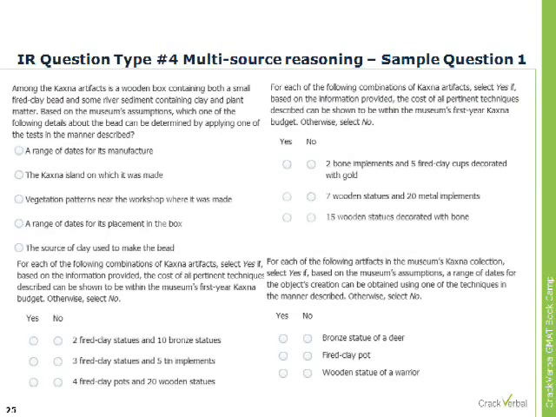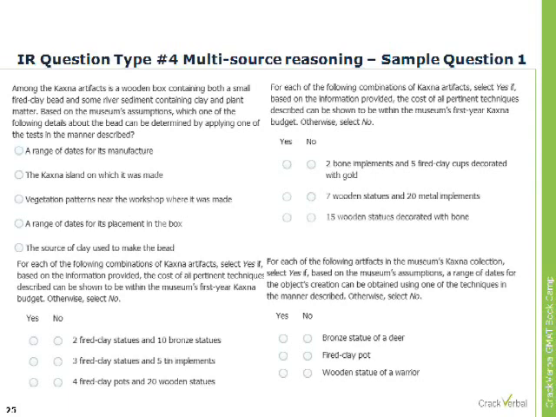There is no clear relationship between the sediment and plant matter in the box, obviously. And the location of the bead's manufacture, option B and option C, tells where it was manufactured. That cannot be determined. And also the time of the bead's placement in the box, so the range of dates for its placement also cannot be determined.